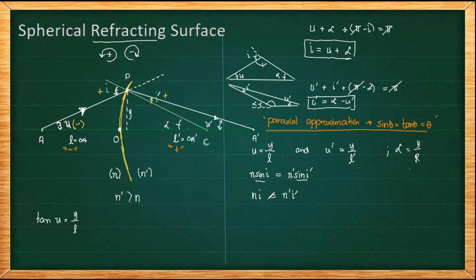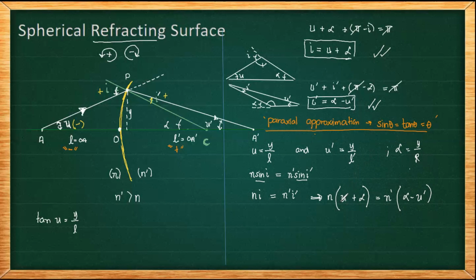After which we use these equations here. So this would give us what? N times I, where I is u plus alpha, and then n prime times I prime, where I prime is alpha minus u prime.